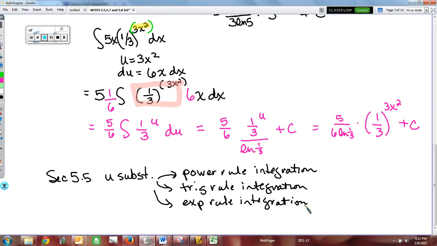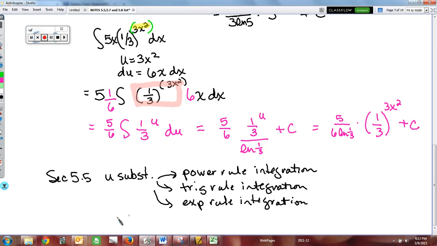The antiderivative of tangent squared is not one you know. The antiderivative of secant squared is your tangent. Okay, so you see how you get confused on these. So you want to take a look, make sure you know these rules, and then the u substitutions in section 5.5 will work back to those.